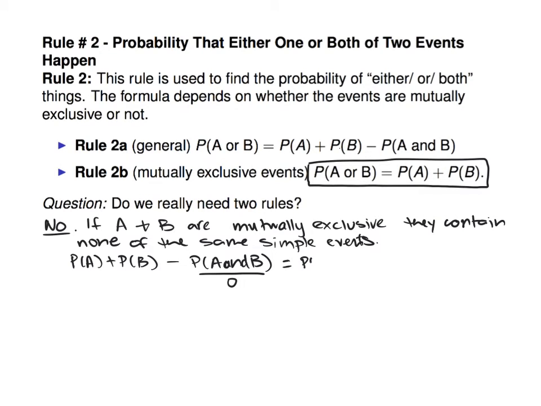And that's where they get the P of A plus P of B thing, if we have mutual exclusivity.